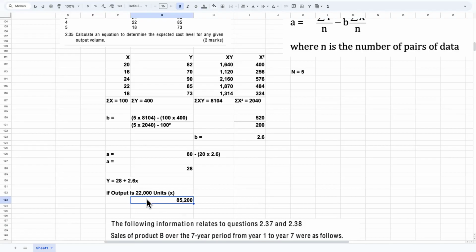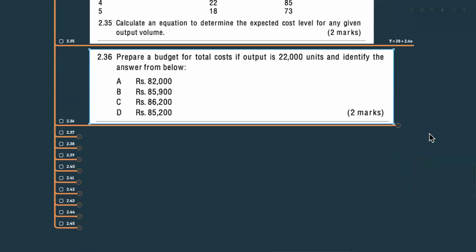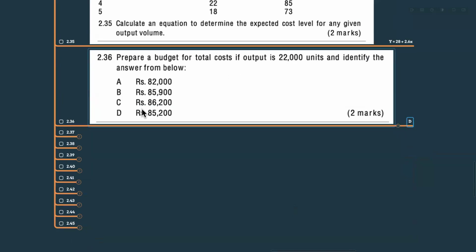So 28,000 is the fixed cost, because the 28 is in rupees 1000, and 2.6 is the variable cost per unit. With 22,000 units produced, we will get 85,200. So that's the answer. If you have any doubts, please let me know. The answer is D.